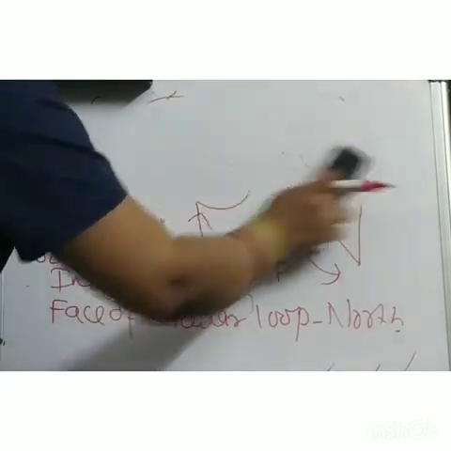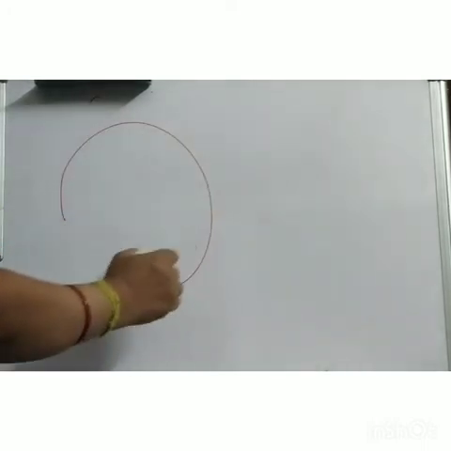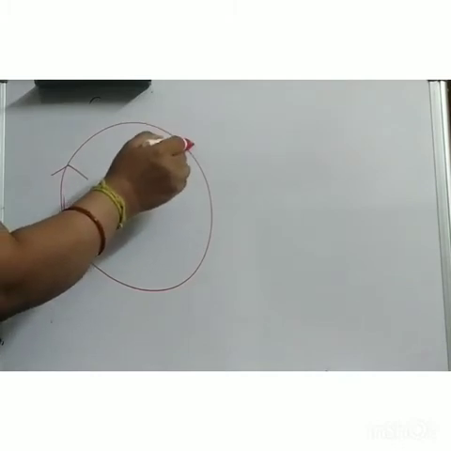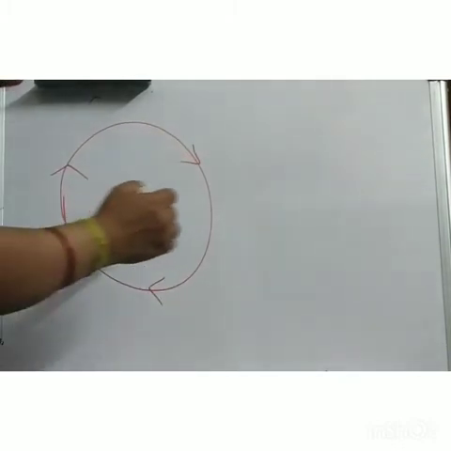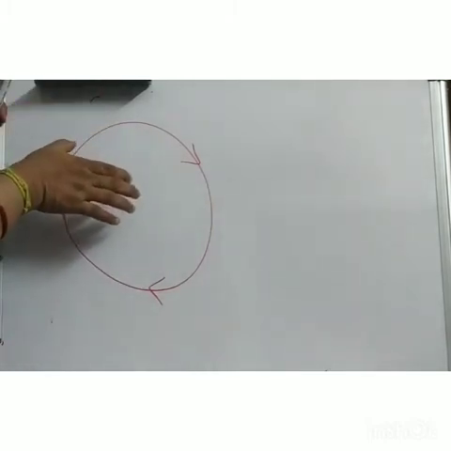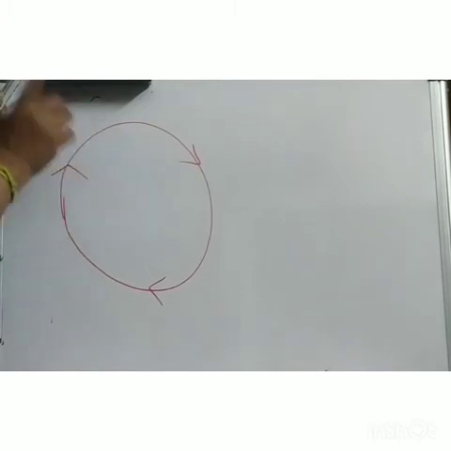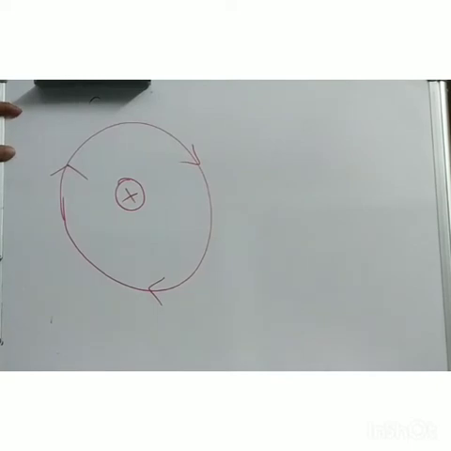Now again, a different method to get the magnetic field also, and we will try to visualize the things. Suppose, as already discussed, current is flowing like this. If current is flowing like this, what is happening? You can see here current is going inside. Inside means cross. Okay.